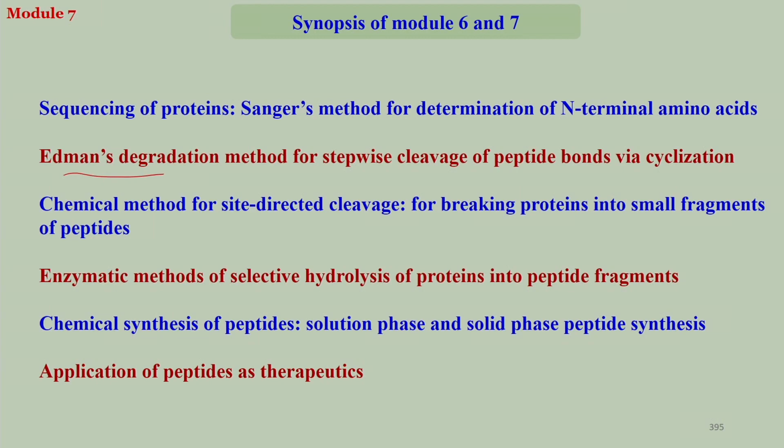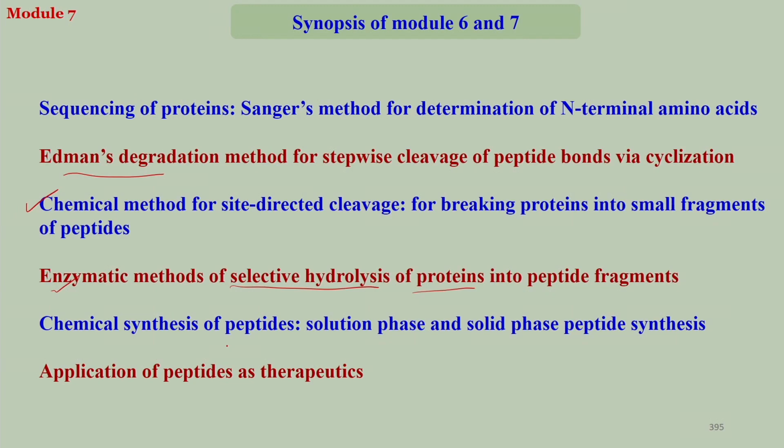Then we have seen how we can break the full protein into shorter fragments, and there are chemical methods for site specific cleavage, and there are enzymatic methods where selective hydrolysis of the peptide bond occurs, so that you can break a protein into its smaller peptide fragments.